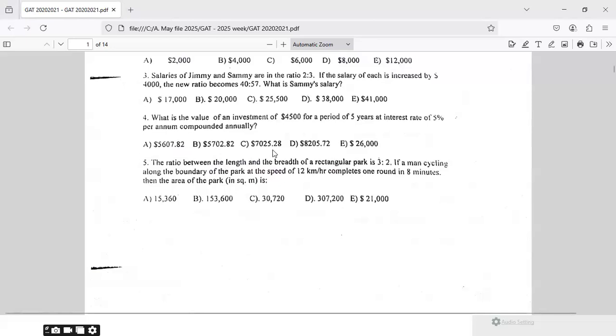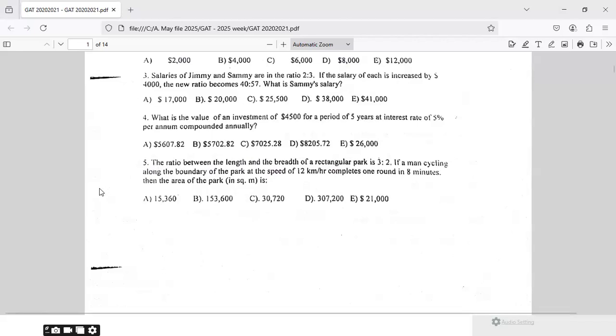So what does it imply? When we say 40 to 57, we can do it in this form: to write these salaries and then the increments in form of ratios can also work out.